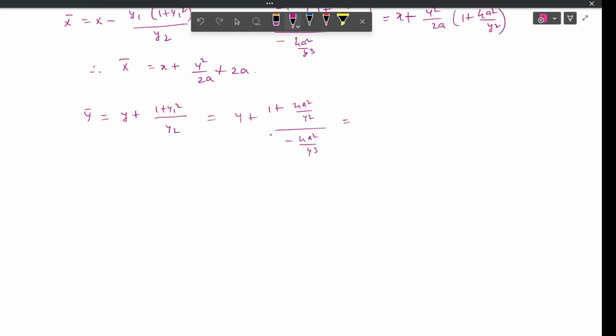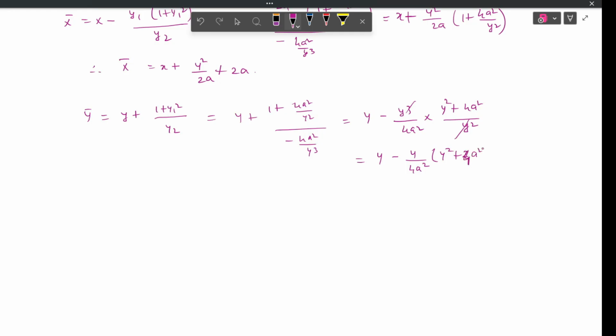Now this minus will come here. So y minus y cube by 4a square multiplied by y square plus 4a square by y square. So this would be y square, this will cancel out. Y minus y by 4a square into y square plus 4a square.